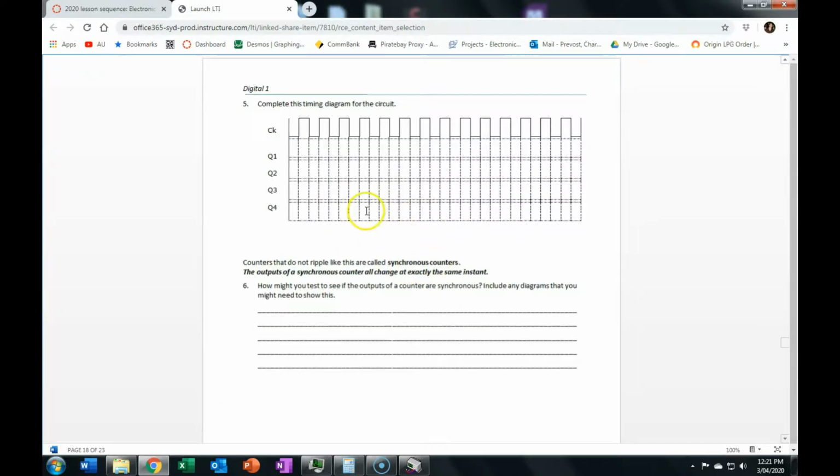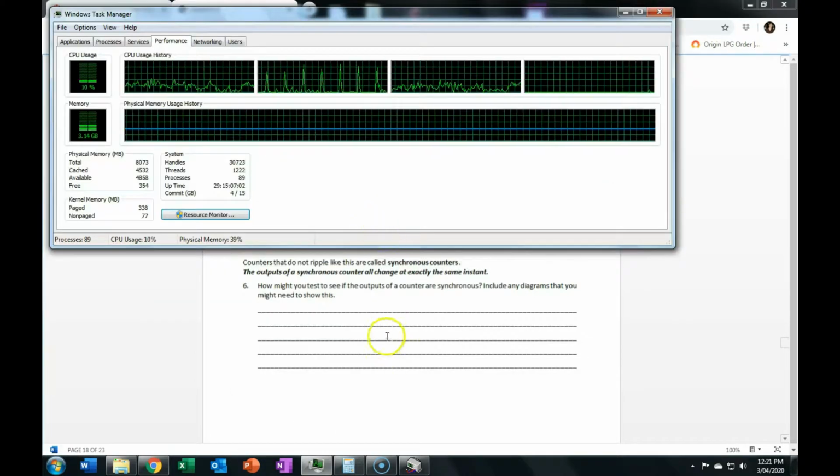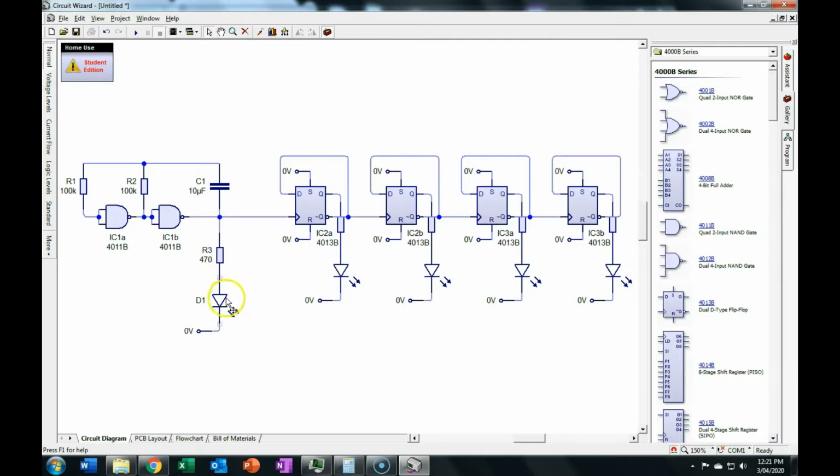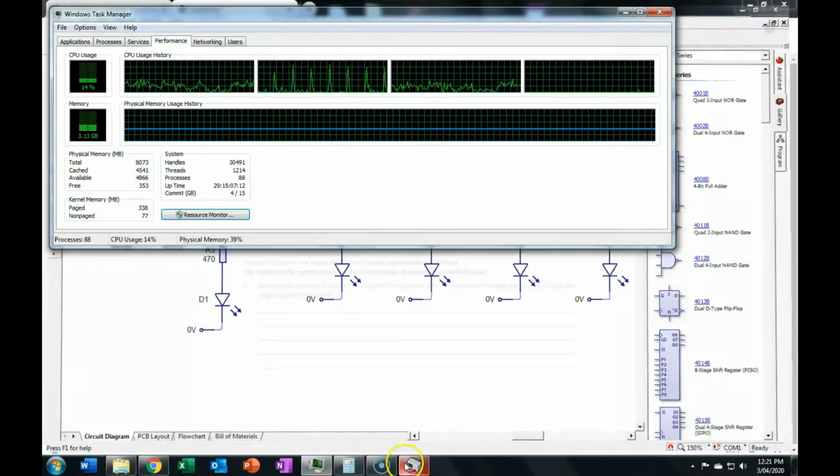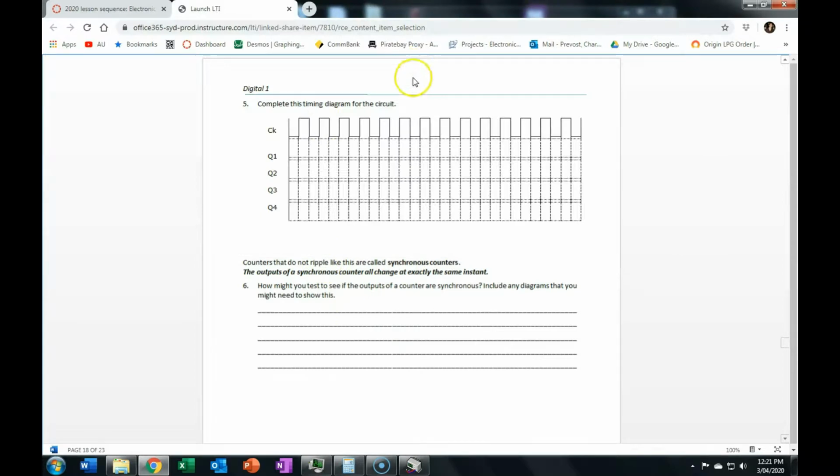In the timing diagram, you'll notice that when the clock went from a 0 through to a 1, this is when the first output changed. So when this LED turned on, that's when this one changed. If we start our timing diagram with 0, 0, 0, like that, there's their initial state.